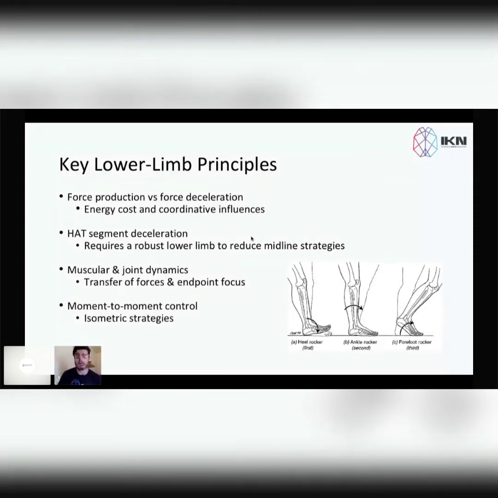Whereas when I'm walking, for example, I'm not necessarily thinking about producing a lot of force, because when my foot hits the ground, I'm decelerating the force of gravity, the force of my head, my arms, my trunk acting on my lower limb. Okay, so I'm decelerating forces, and then through the tissues, those passive structures around the foot and the ankle complex.